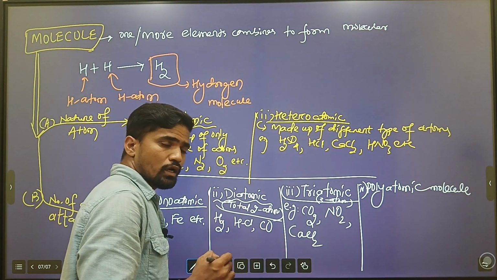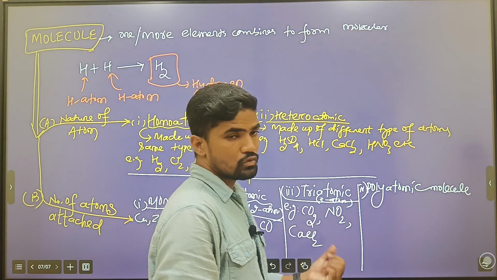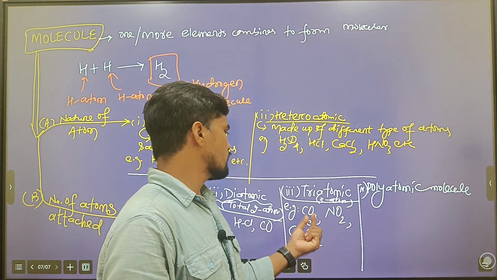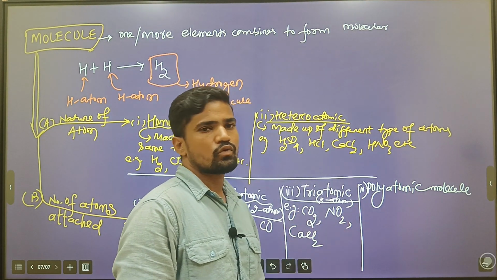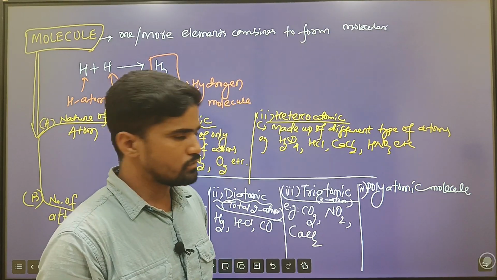In calcium chloride, one calcium and two chlorine; in CO2, one carbon and two oxygen; in NO2, one nitrogen and two oxygen. So total three atoms are present.